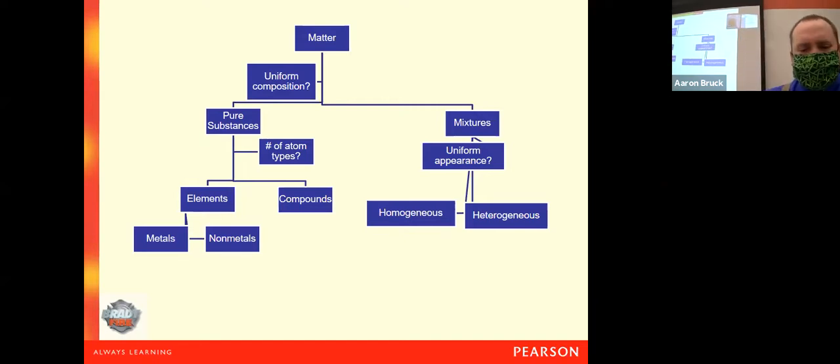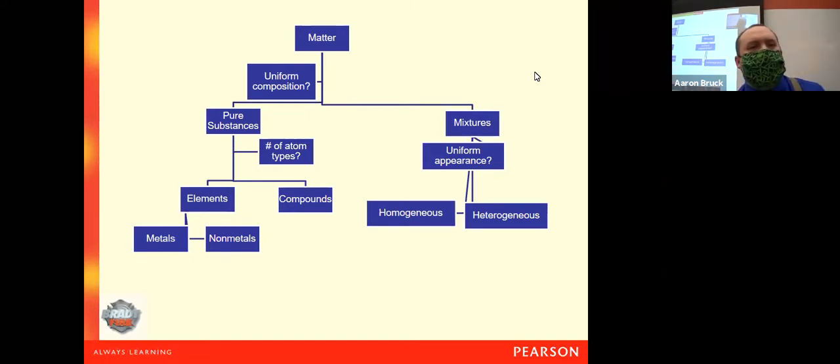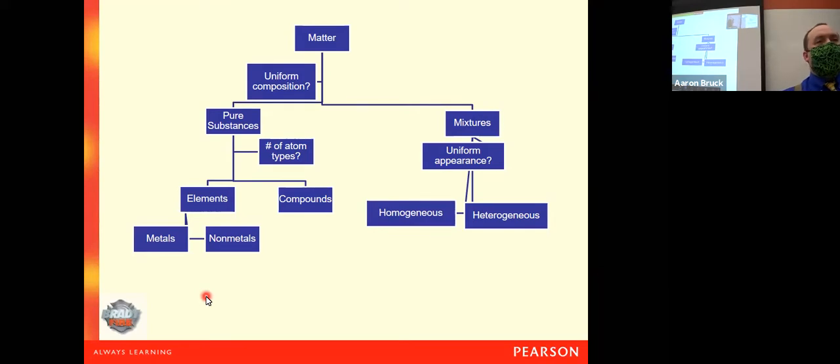What we can do in looking at this particular flow chart is we can answer questions and help to devise what kind of solution we're dealing with, what kind of substance we're dealing with, based on the answer to those questions.